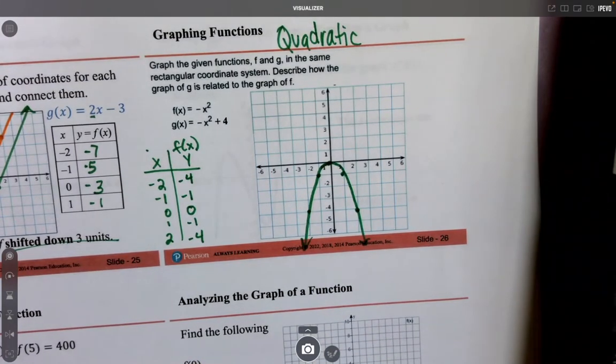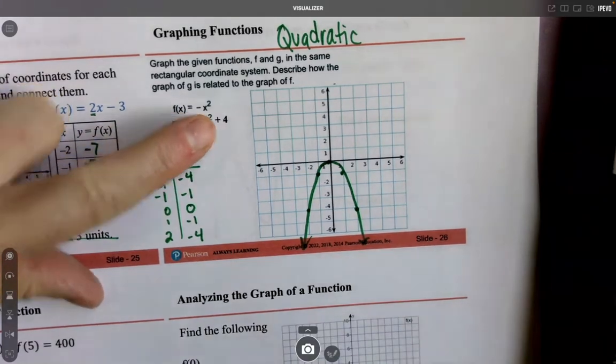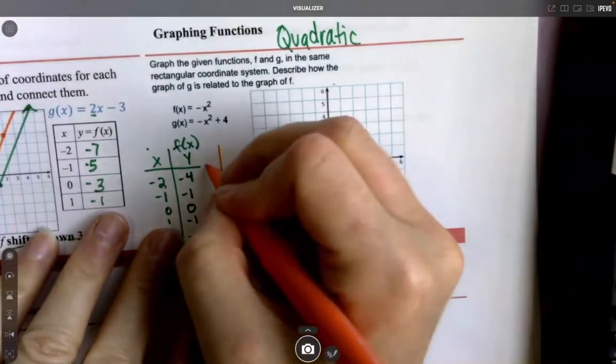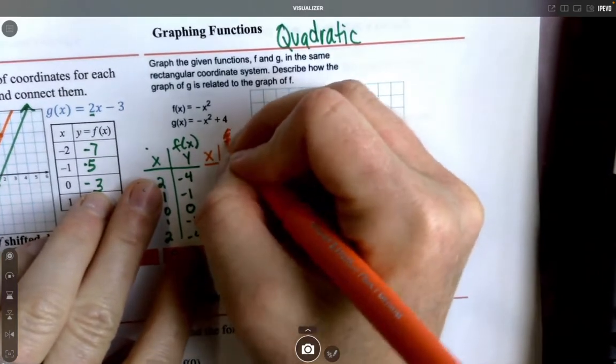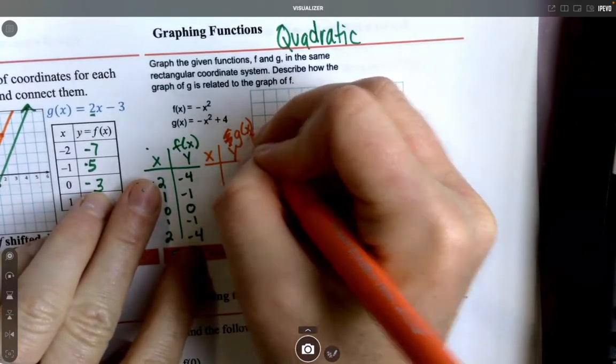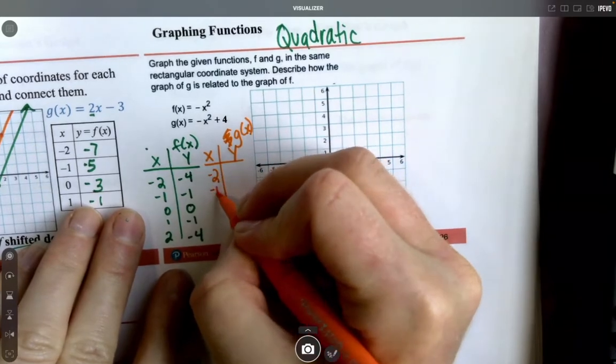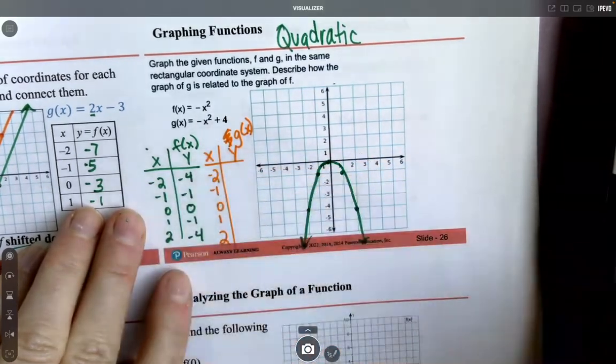So then the other one is the same quadratic, but it's plus 4. So this is, oh, it's not f of x, it's g of x. So -2, -1, 0, 1, and 2.